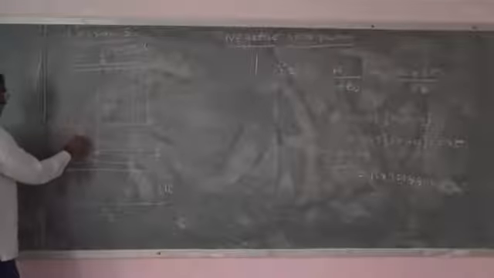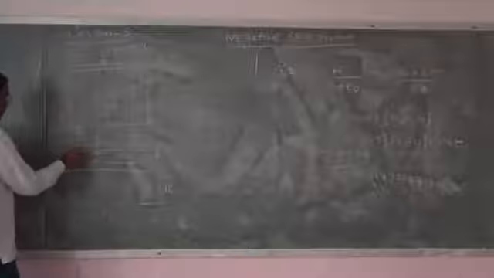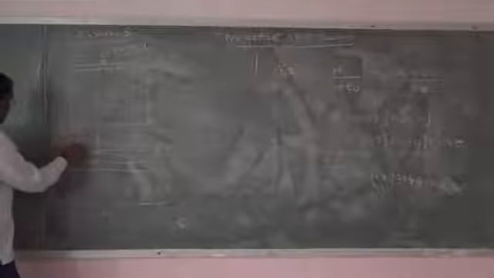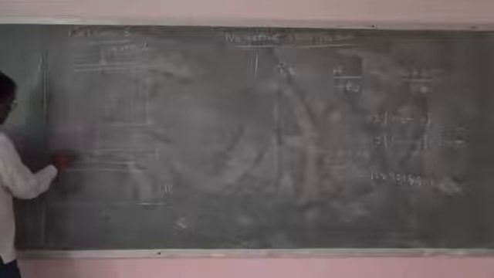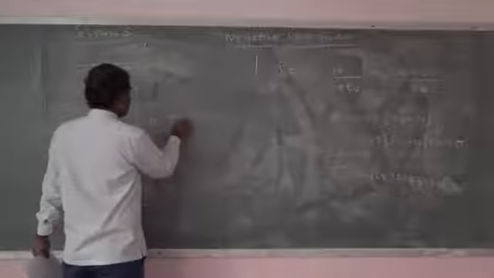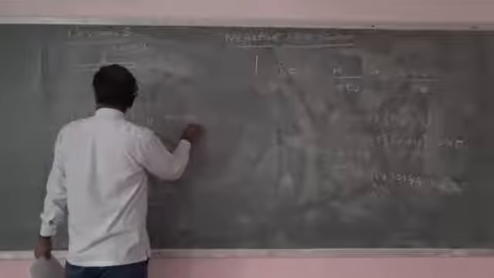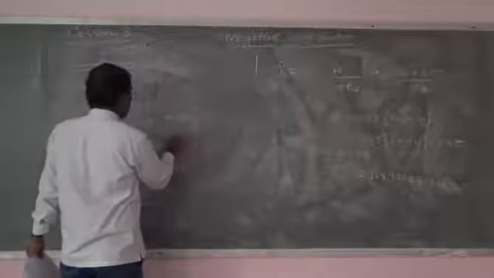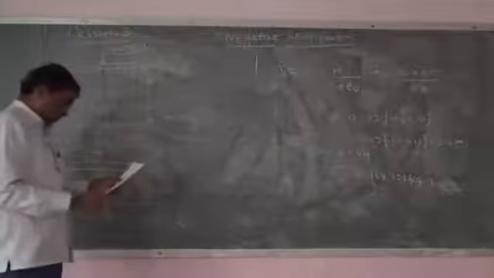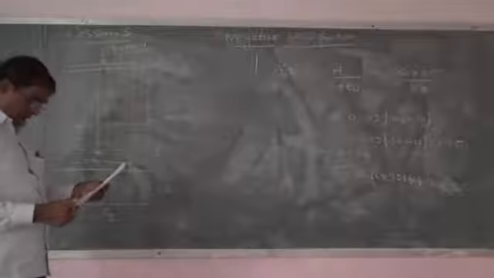This height at the center is 2 meter. If you take this as x, tan 30 is equal to x by 2. So x is equal to 2 tan 30.